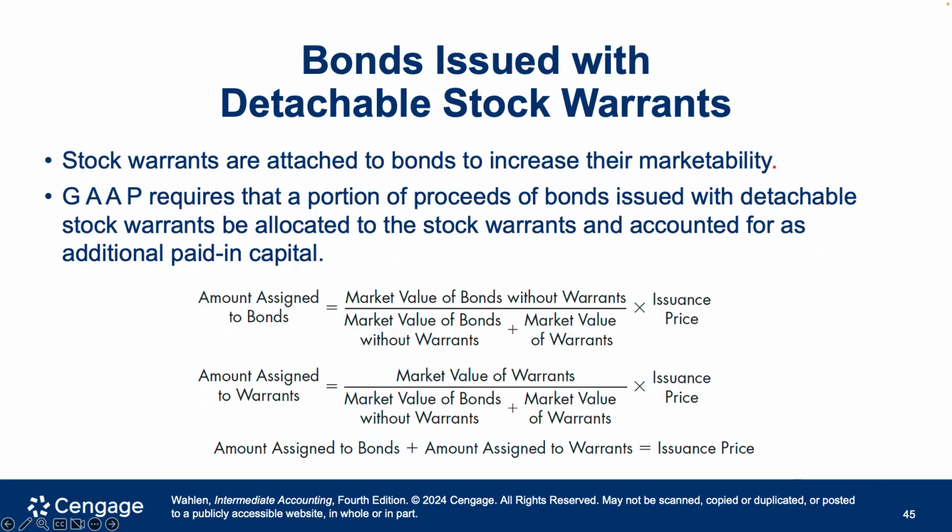So that gives the investor a dual set of rights, the right to collect interest and principal, and then the right to acquire stock and benefit from dividends. We have some formulas up there to help us figure out the amount assigned to bonds, the amount assigned to warrants, and those two together equal our issue price.